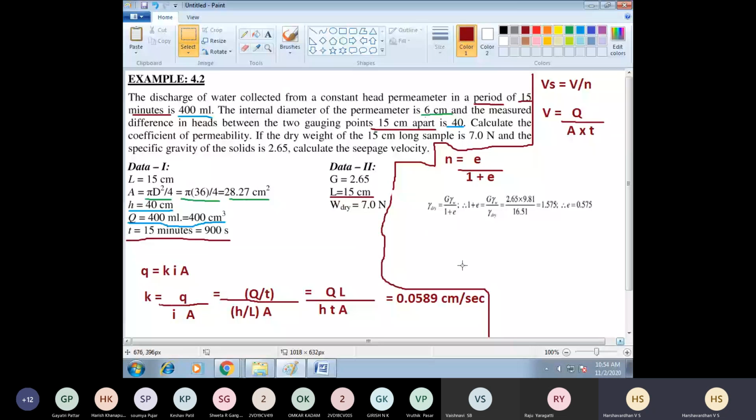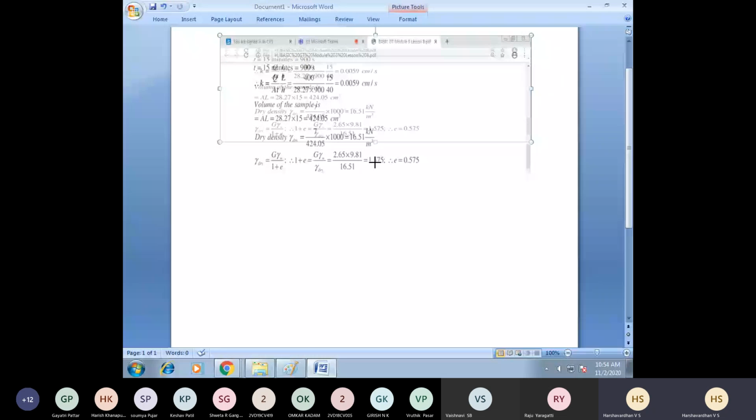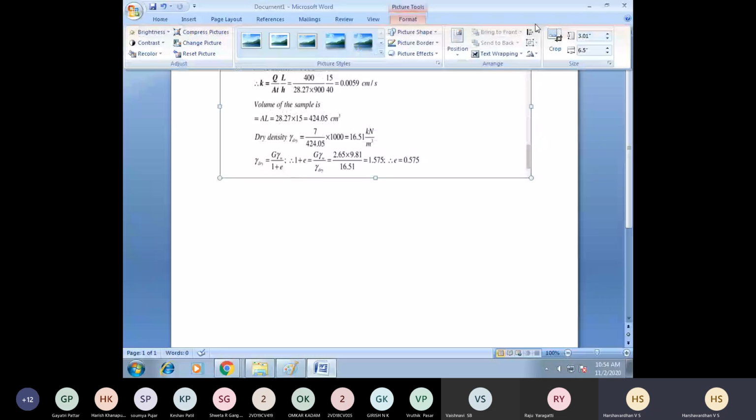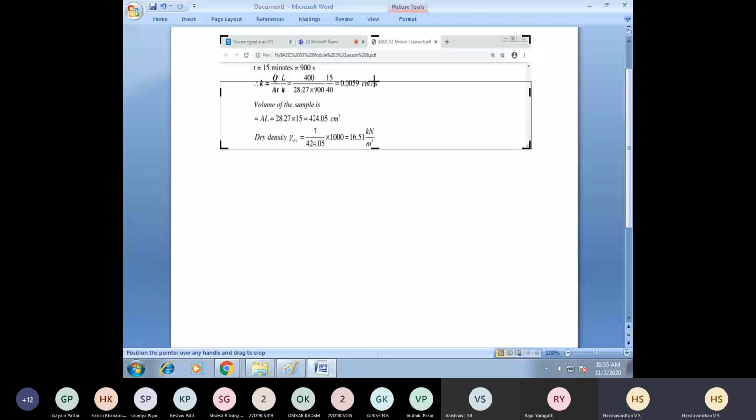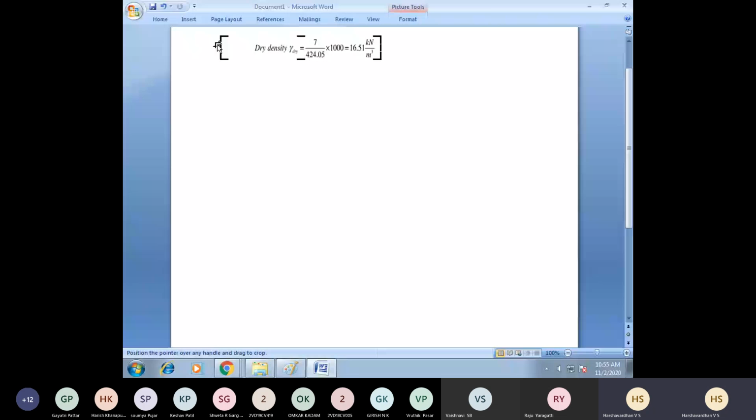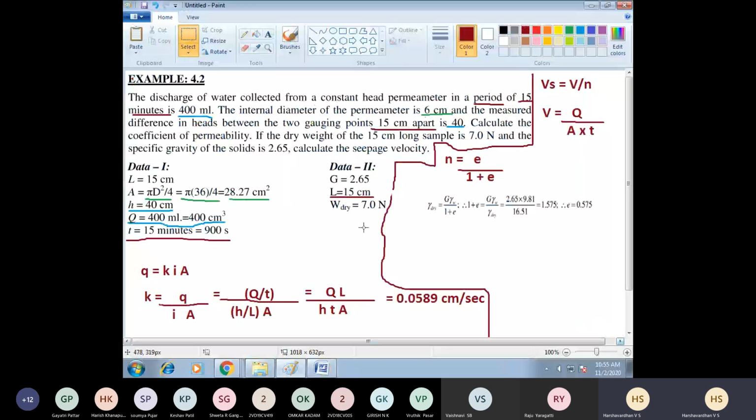Therefore, 1 plus e will be equal to G into gamma W divided by gamma D. Now we don't know the value of gamma D. So we can calculate dry density as, okay, dry weight of the soil is given, it is 7 Newton, and its volume is also given.